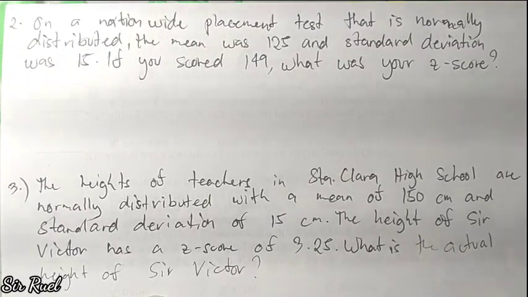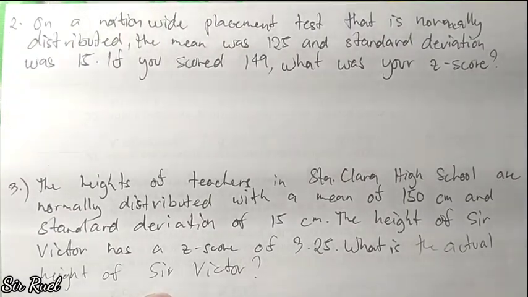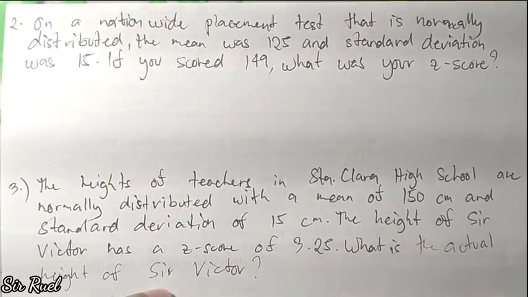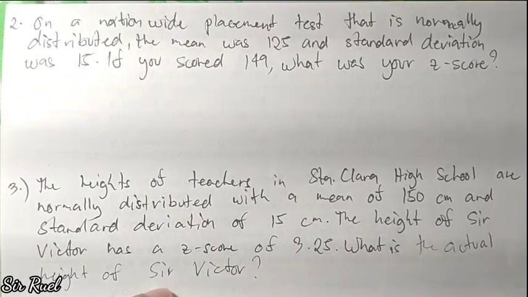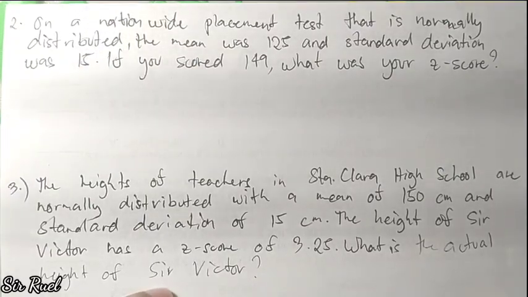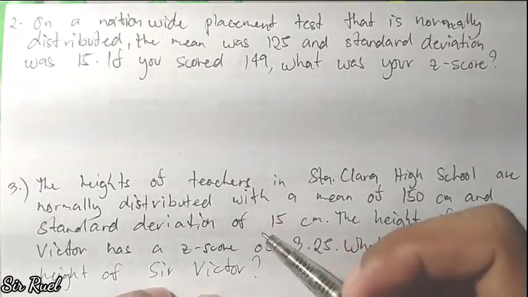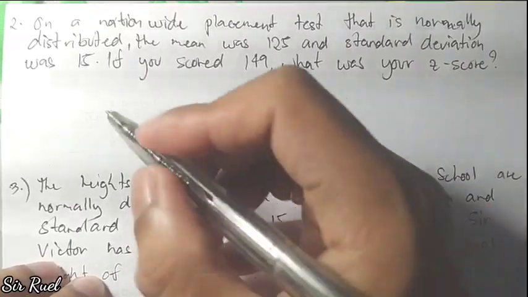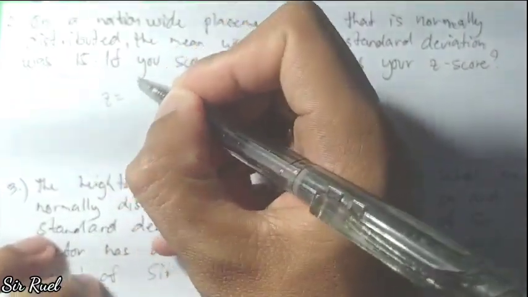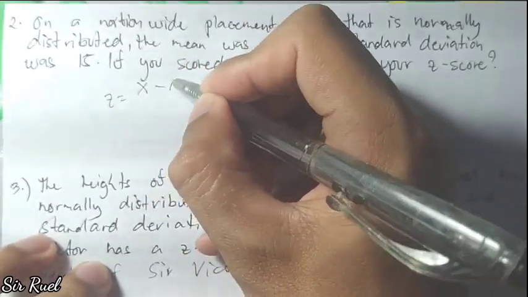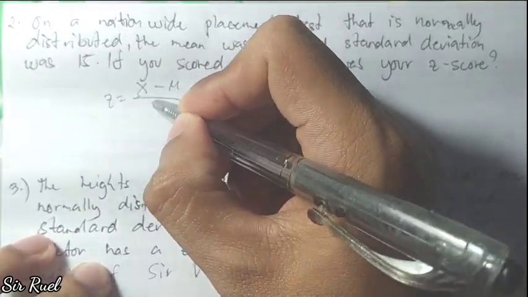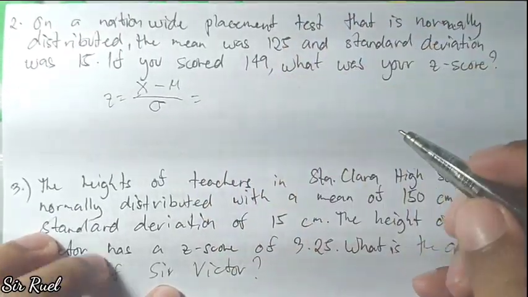Example number 2, on a nationwide placement test that is normally distributed, the mean was 125 and standard deviation was 15. If you scored 149, what was your z-score? Again, the formula is z equals raw score minus mean divided by standard deviation.